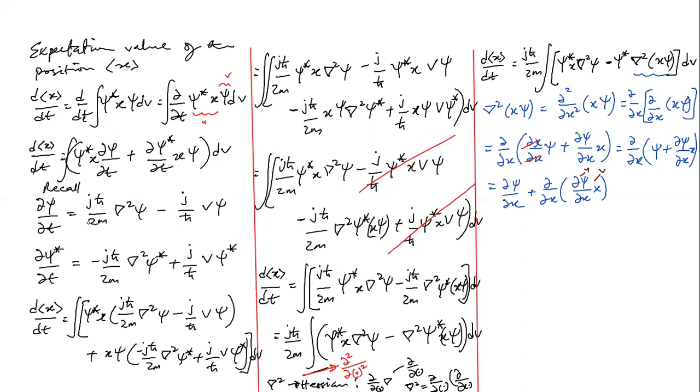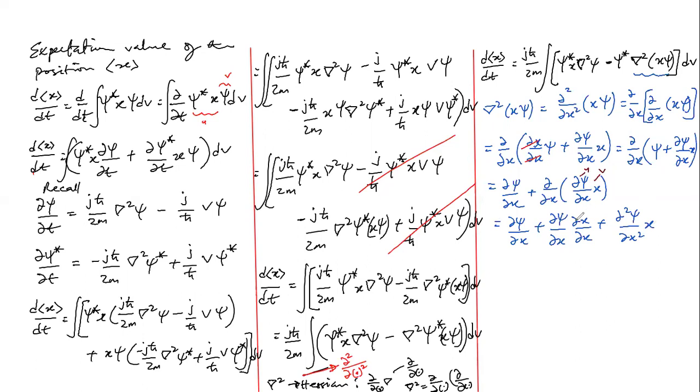And then we are going to have dpsi by dx, which is this, plus dx by dx times dpsi by dx, plus x times d squared psi by dx squared.